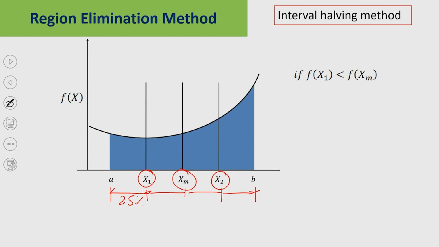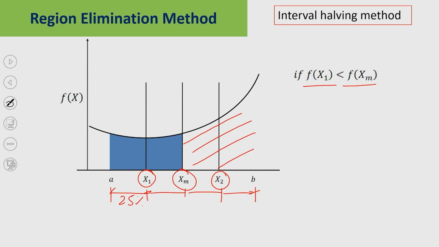If f of x1 is less than f of xm, what does it mean? Optima is not there in this particular region, because f of xm is greater than f of x1. Therefore, you can eliminate this particular region. How much are you eliminating?